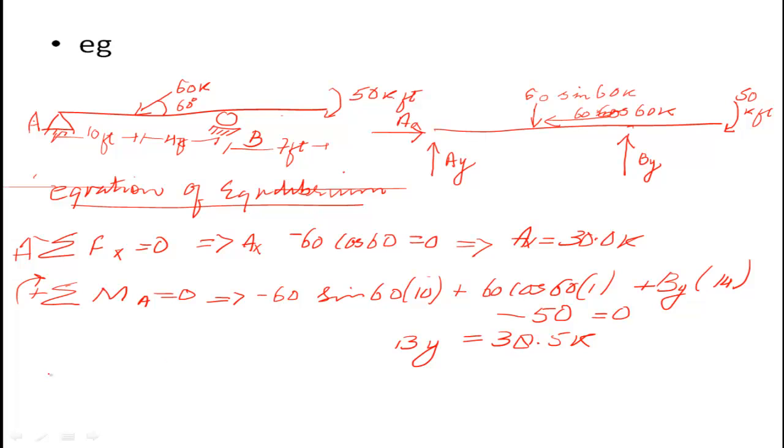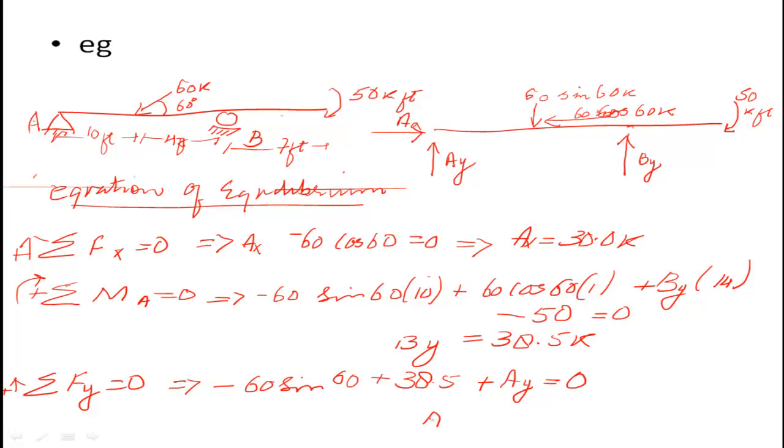Now the third equation of equilibrium is summation of forces in y direction equal to 0, where this is the positive direction. Which gives minus 60 sine of 60 plus 38.5 plus Ay equal to 0.